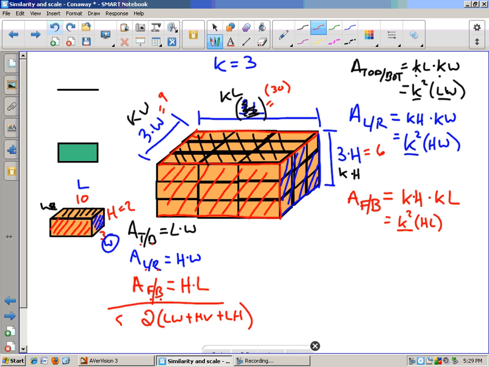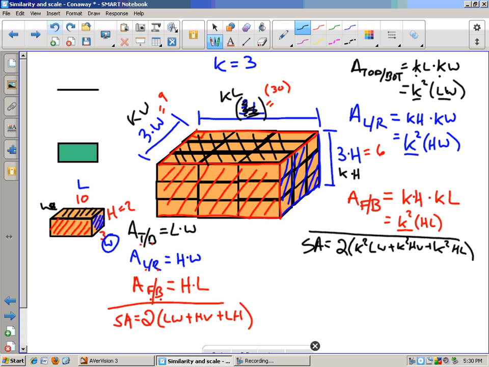So the surface area is equal to 2 of those added together. Let's see what I get for the new one. I need 2 of all of these: 2 times K squared LW plus K squared HW plus K squared HL.